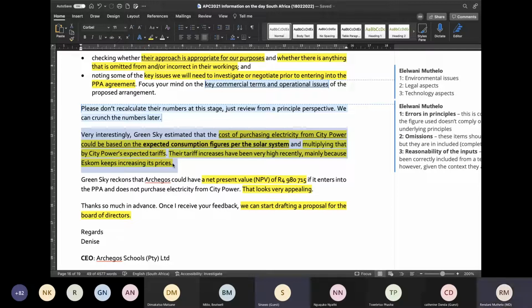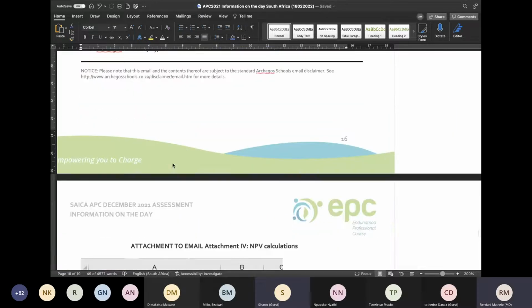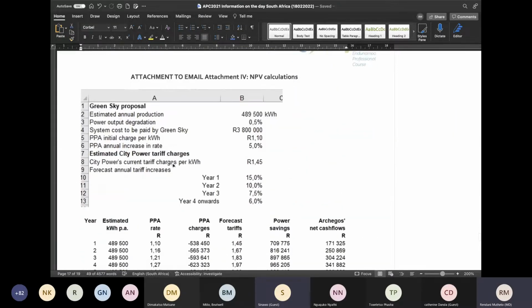So now, are we all aligned? Let me just see the comments. Nothing. Great. So now let's see what this calculation looks like.